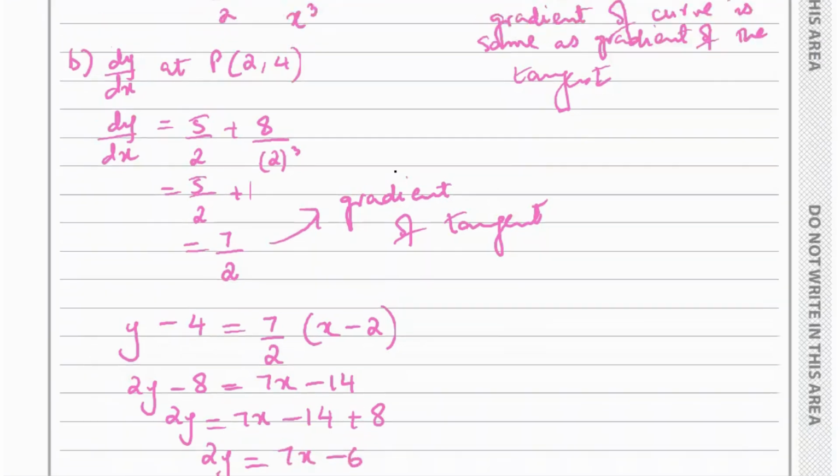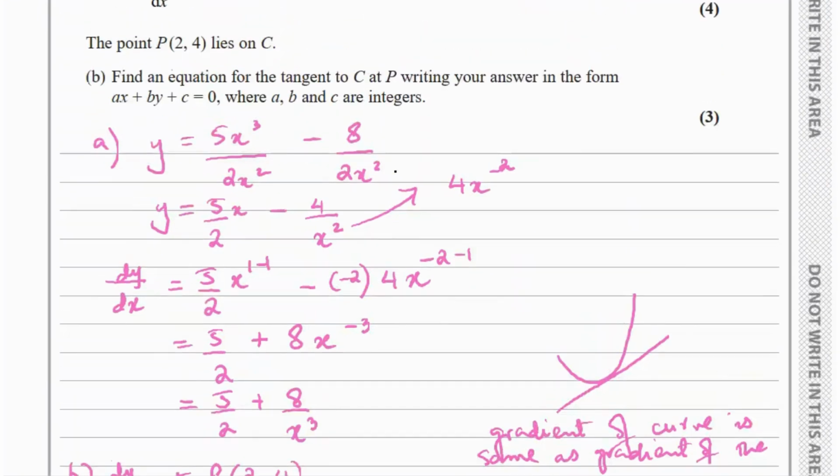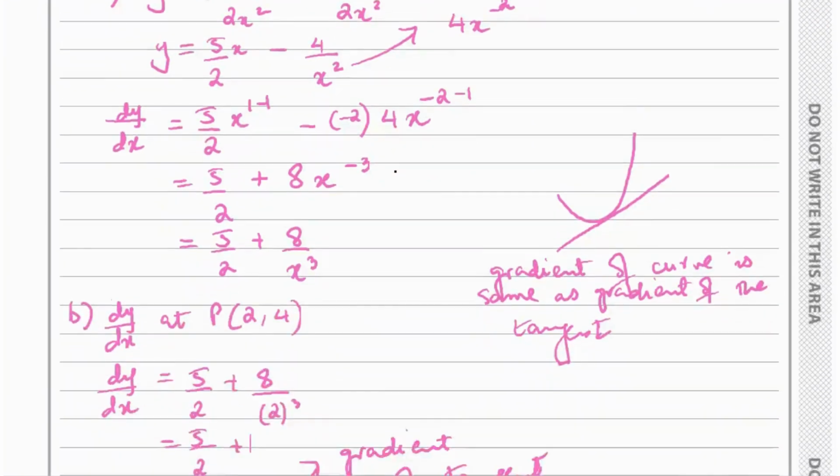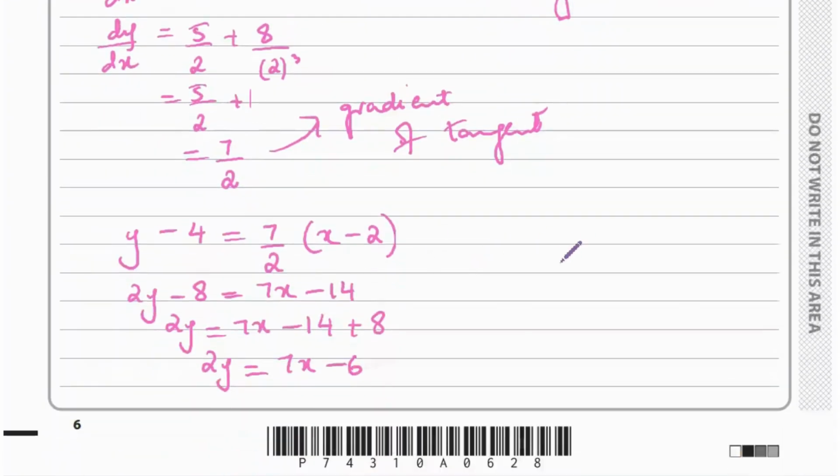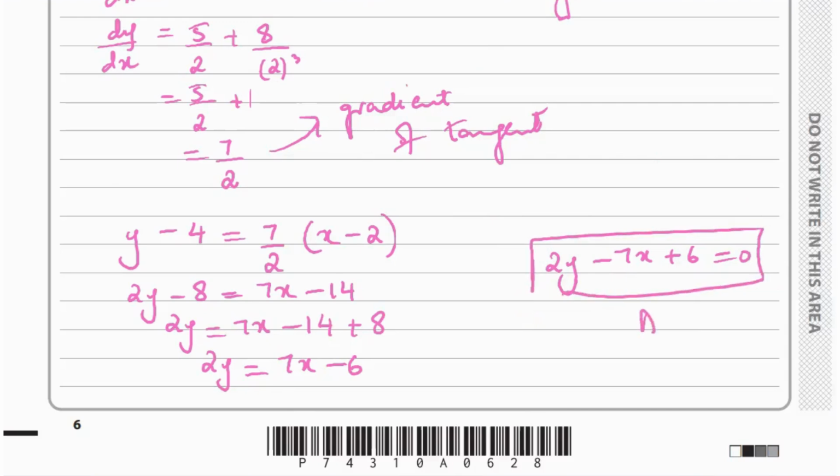So they want the format as ax plus by plus c equals 0. So that's going to be 2y minus 7x plus 6 equals 0. That is your final answer.